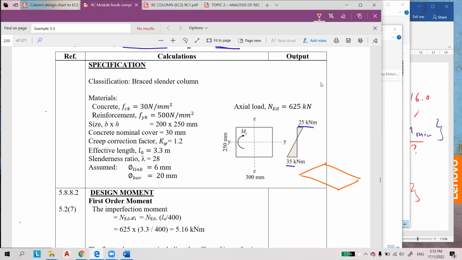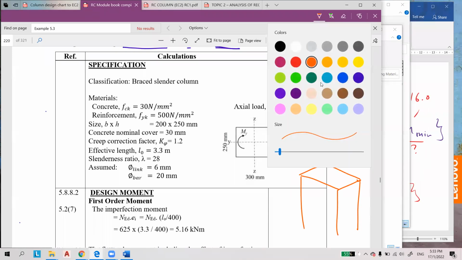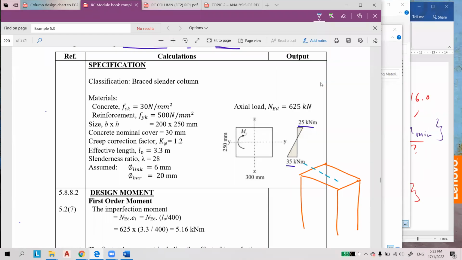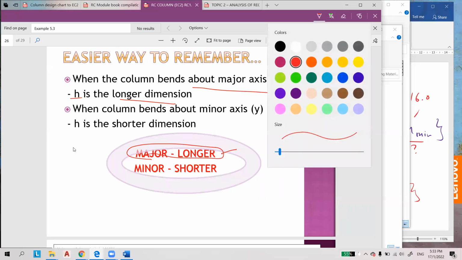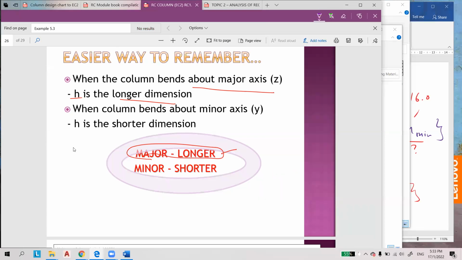This is the longer side, and it will bend about the y-axis. So if we refer to this, this is the rule of thumb. If it bends about the minor axis, then h is equal to the shorter side.